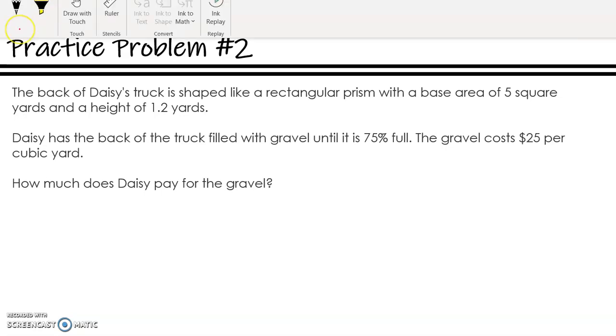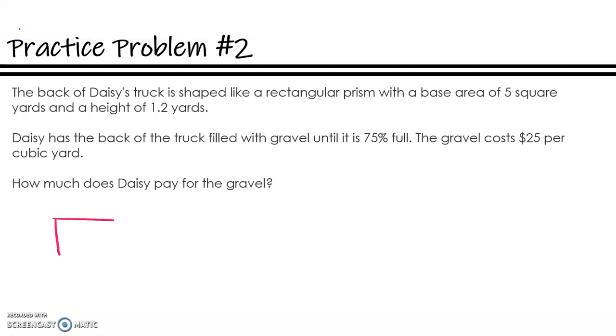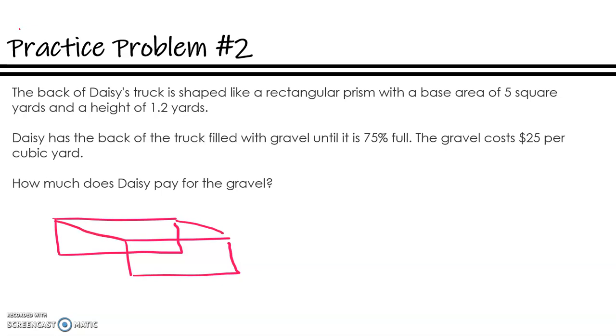So I'm going to draw just a quick little, if you ever want to draw a 3D prism, you overlap the front and the back, and then you connect all the corresponding corners, and you have yourself a prism. So the base of it, they told us, is 5 square yards, and then the height is 1.2 yards.